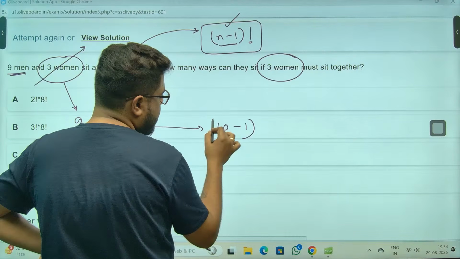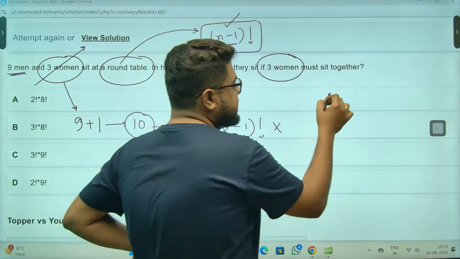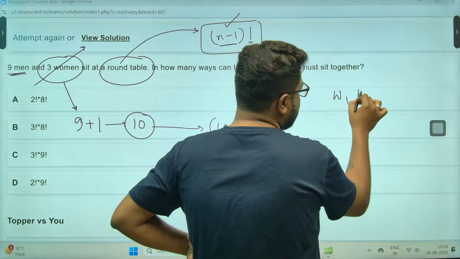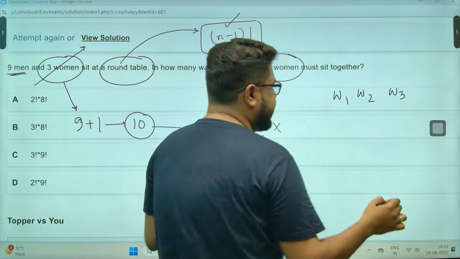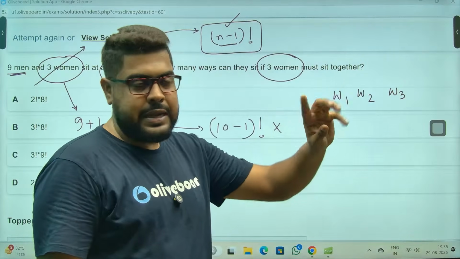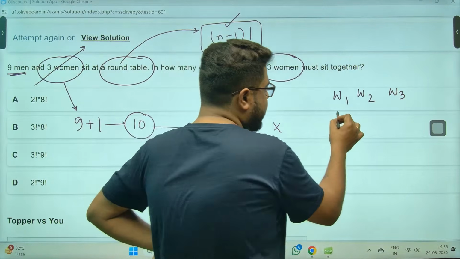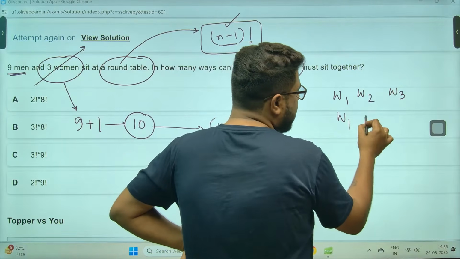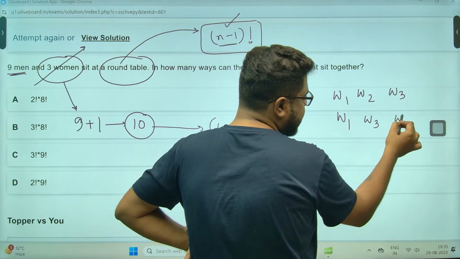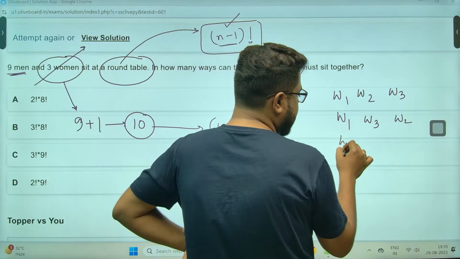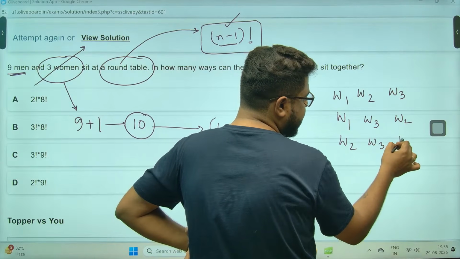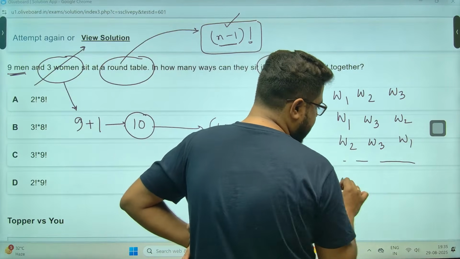But again, please understand, there are 3 persons. Woman 1, woman 2, woman 3. I have taken 3 to be 1 person. Now they can arrange between themselves, meaning woman 1 can sit here, woman 3 can say let me sit here, and woman 2 can say I will be there. There can be many more arrangements.